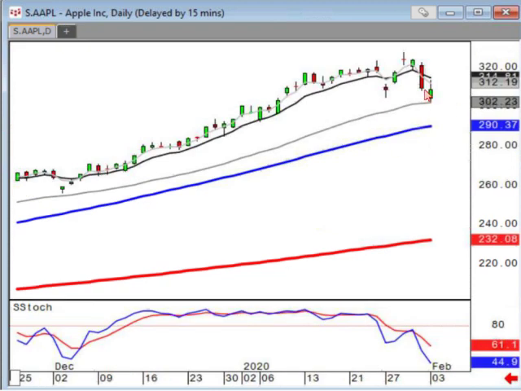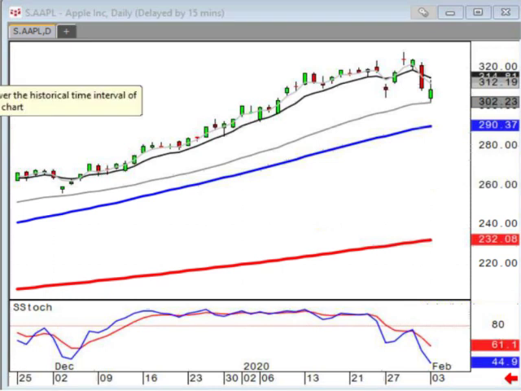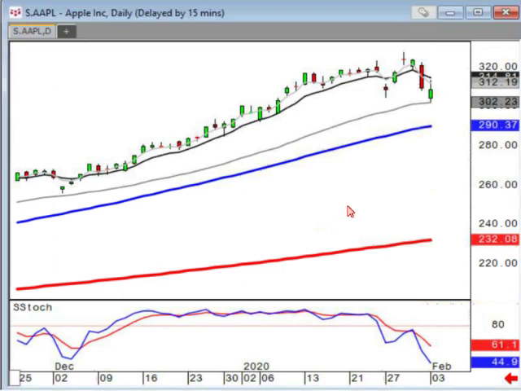On the daily, until they can get it back up above the T-line, right now with stochastics heading down, it's producing a little bit more of an indication that they may be waffling around down here until the stochastics can get to the oversold area.